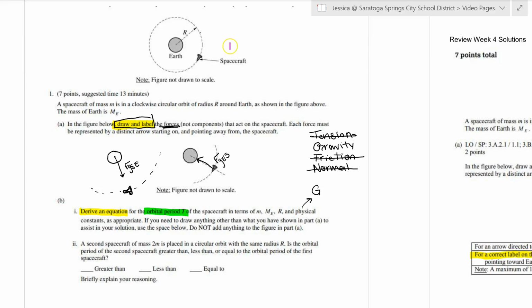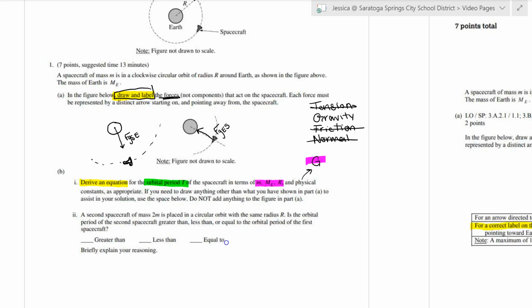We need to derive it in terms of M_E, R, and G, meaning those should be the only letters in our answer. Now, the orbital period of the spacecraft is just the amount of time it takes to go around the Earth once. So it's essentially a time.